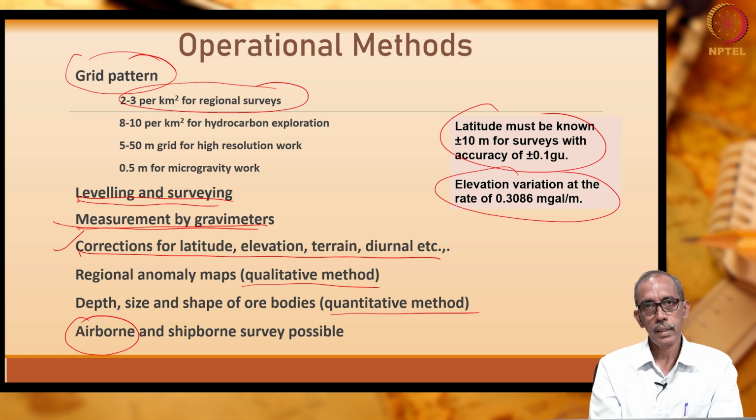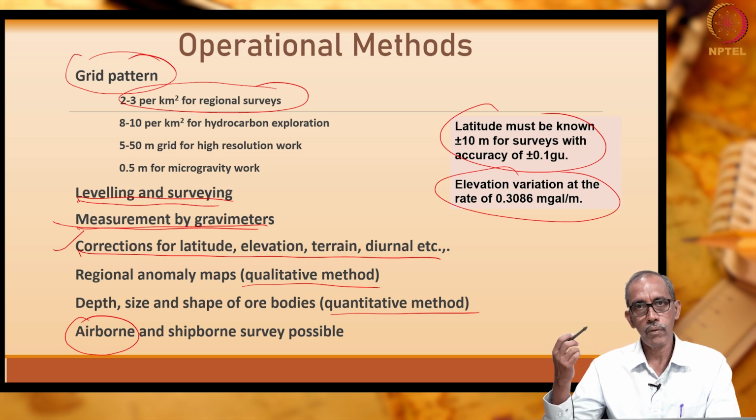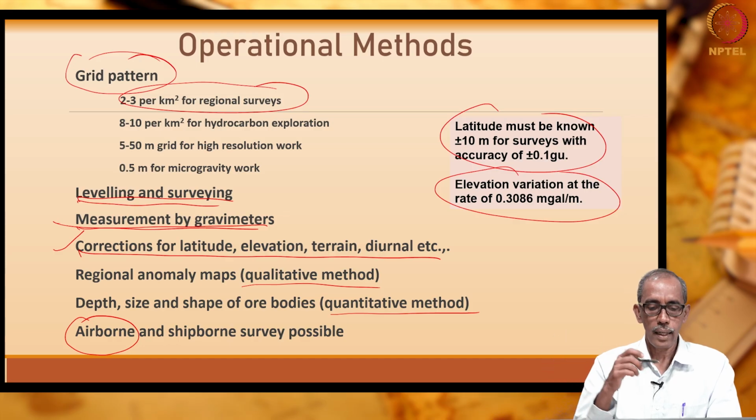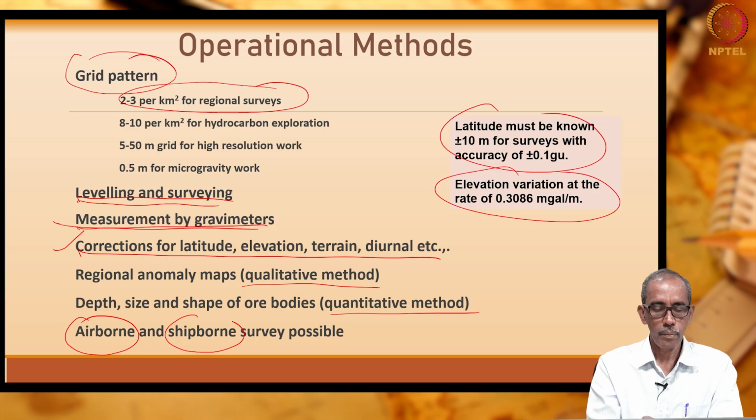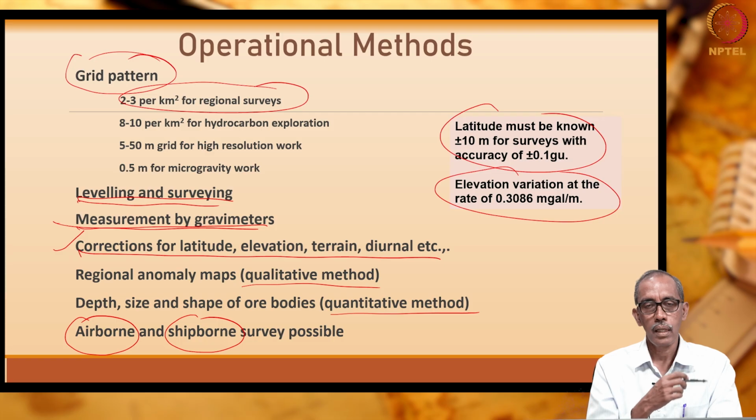That means airborne gravimeters can be used, so you can carry out the survey over a very large area. Another advantage of gravity survey is that we can also do the same from ships. We can carry out survey on the ocean to understand the variation in the rocks beneath the ocean floor.